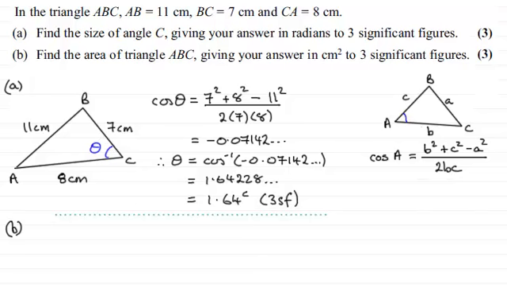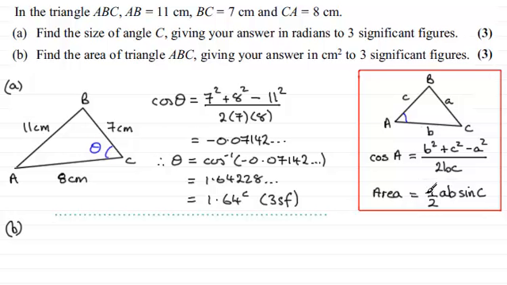That formula is this one here: area of a triangle equals half ab sine C. So if you've got an angle C, then the area is half the product of the two sides that surround the angle, and then you take the sine of that angle.